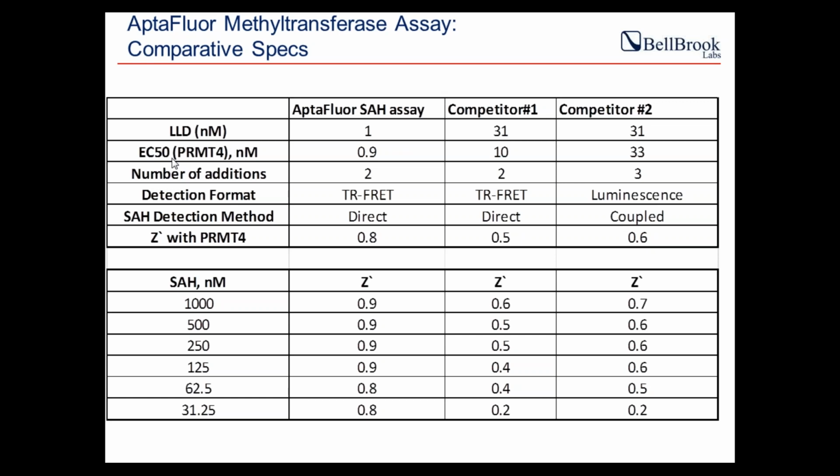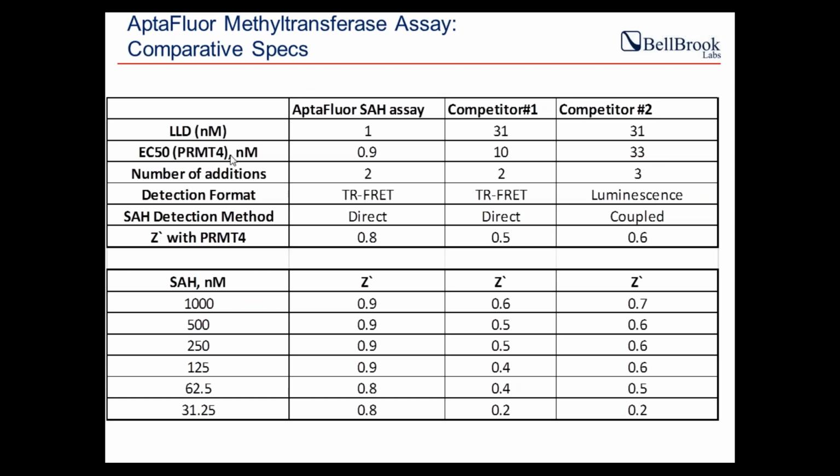Of course, I picked PRMT4, which has an apparent Km, the literature values are about 130 to 140 nanomolar. So when we ran it at the Km, some of the assays did not work well, so we went higher to have a fair ground for all the competitor assays.